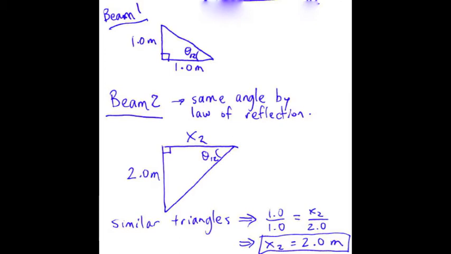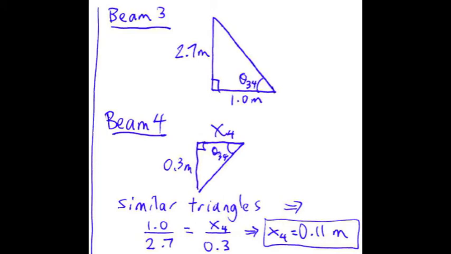And that's also going to be angle theta 1,2. The law of reflection says those two angles are the same, and these are both right triangles, so these are similar triangles, meaning that the ratio of the two sides, 1 over 1 for beam 1, is equal to x2 over 2 for beam 2. Solving that for x2, you get x2 is 2 meters.